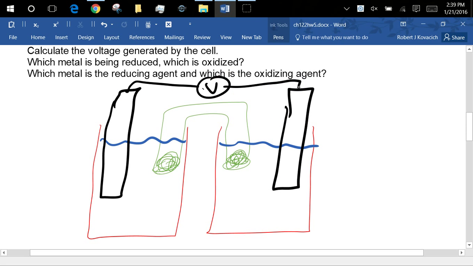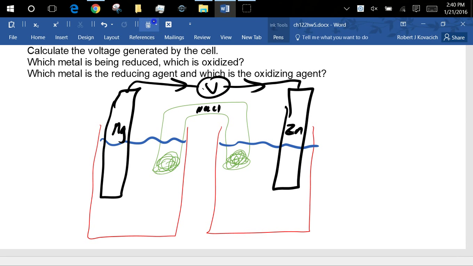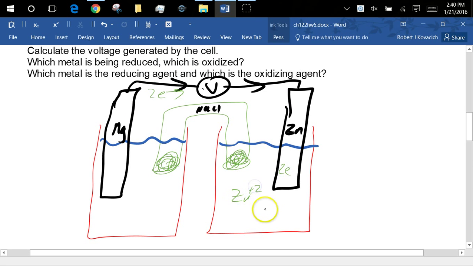So which direction are the electrons going? Towards the magnesium or towards the zinc? Zinc? Really? Is the zinc above it? Or sorry, the magnesium's above zinc? Okay. How many electrons is the magnesium going to be giving up? 2. So 2 electrons are going to travel this way, and I'll have 2 electrons here, which is good because in this solution I'm going to have zinc plus 2s. And over here I'm going to end up having magnesiums with a plus 2 charge.